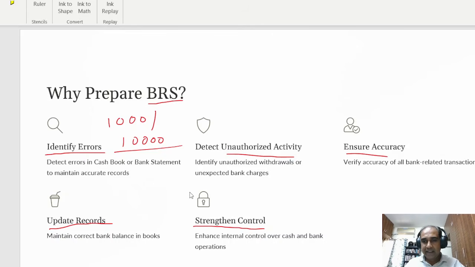The auditors get comfort once they verify it, to ensure that for the difference between the bank book and the passbook, proper reasons are identified in the form of a reconciliation and documented. So it strengthens the control within the company.